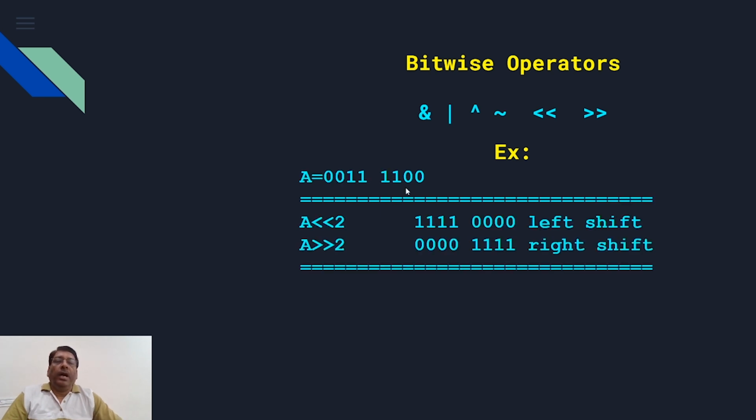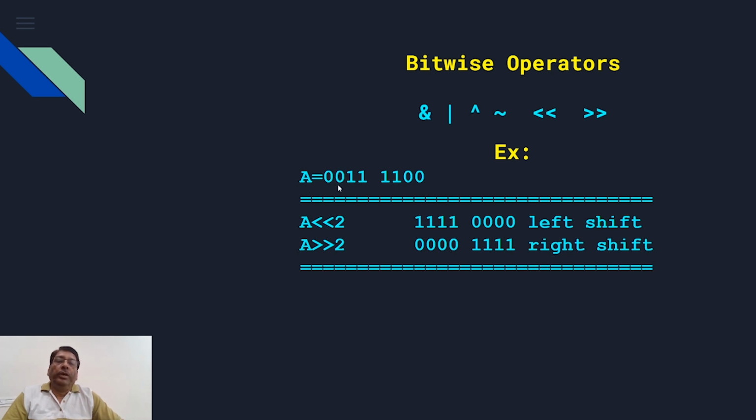Then lastly, we have two other operators called left shift and right shift operators. If the value of A happens to be something like this, then the left shift operator over here means we are going to shift the numbers towards the left side. So what happens is when you shift these numbers toward the left side, that means you are going to shift this number to the left side, and so on.